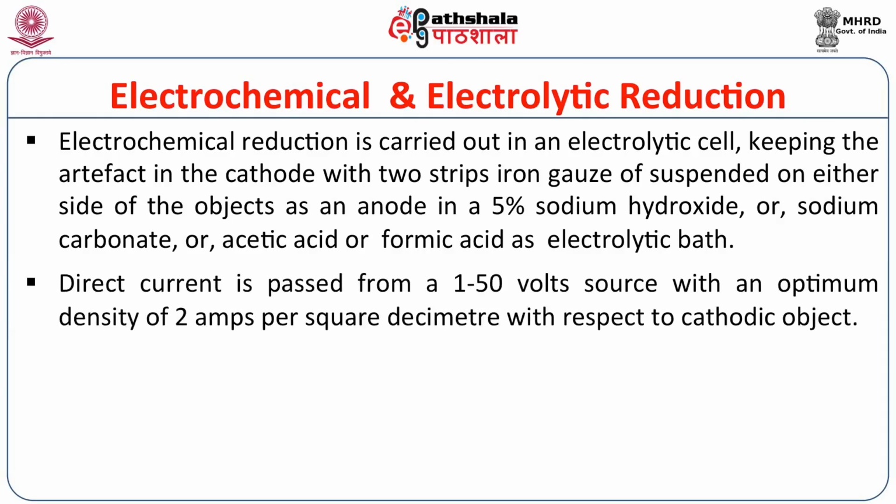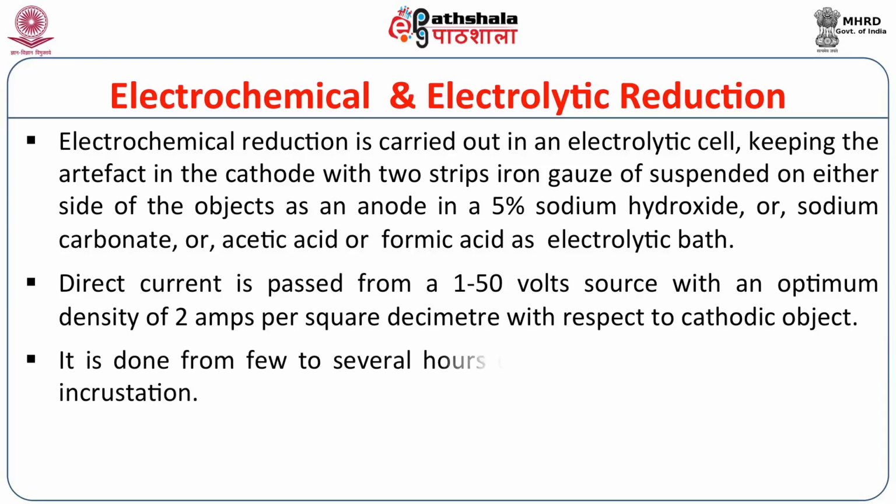Direct current is passed from a 1 to 50 volt source with an optimum capacity of 2 amperes per square decimeter with respect to the cathodic object. It is done from a few to several hours depending upon the thickness of the incrustation on the object.